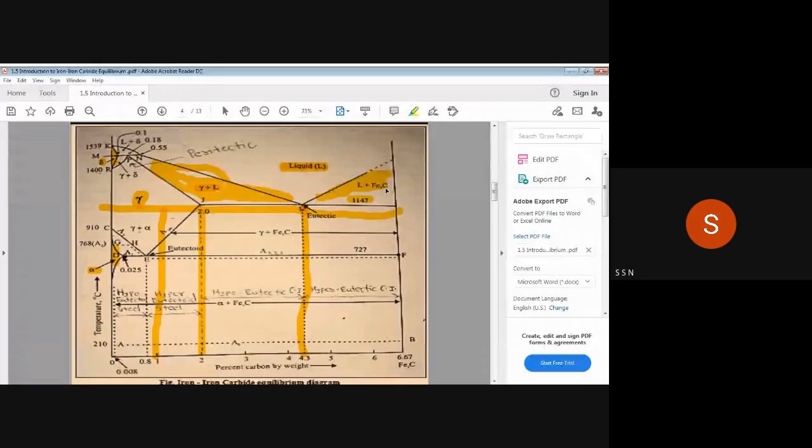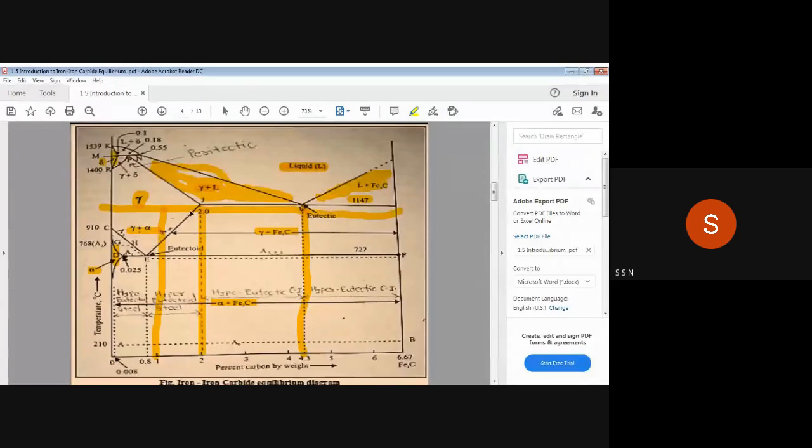In many areas you can observe gamma plus Fe3C, liquid plus Fe3C, that means liquid plus solid. Gamma plus Fe3C means solid plus solid. Here also alpha plus Fe3C, solid plus solid. One more, alpha plus gamma, again solid plus solid.